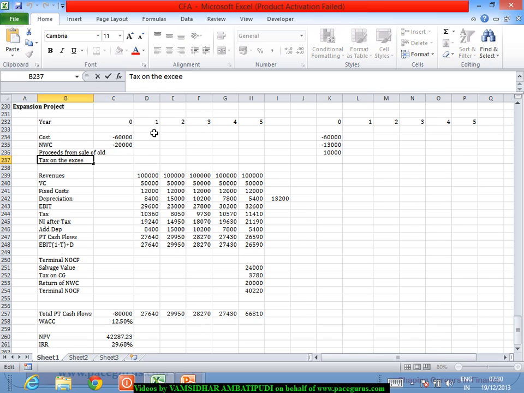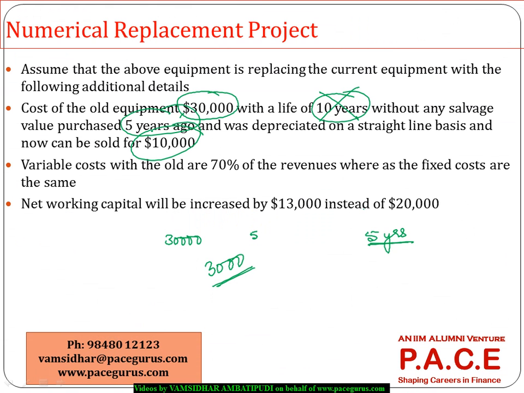It was purchased at 30,000. 5 years with a 10-year life means 3,000 was the depreciation per year. So which means at the end of 5 years, its actual book value was 15,000, but it was sold only for 10,000, which means there was a loss.